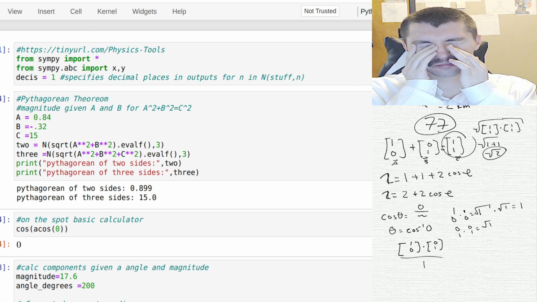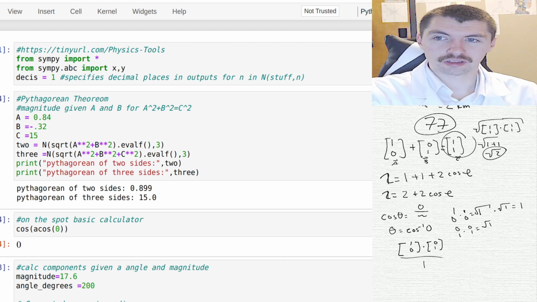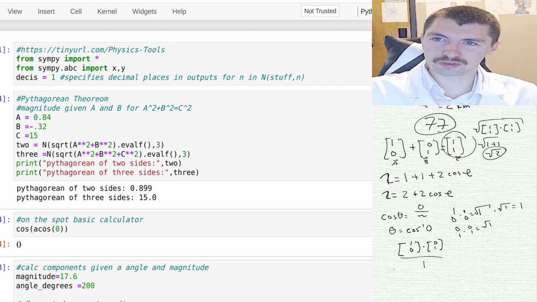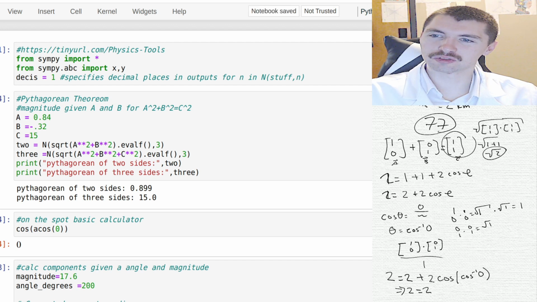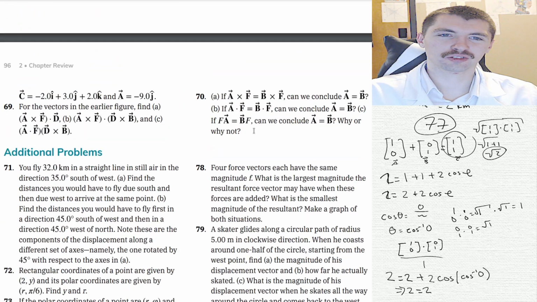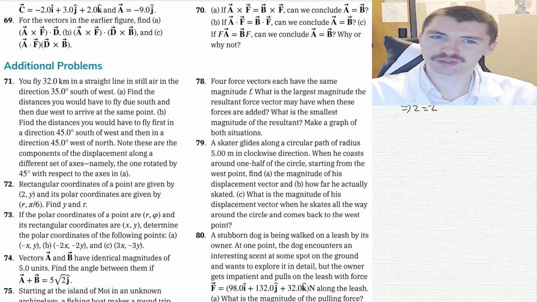Okay, that makes sense. So our final answer is 2 equals 2 plus 2 cosine, equals 2 equals 2. Okay, so I did a special case. Hopefully that's good enough for you.